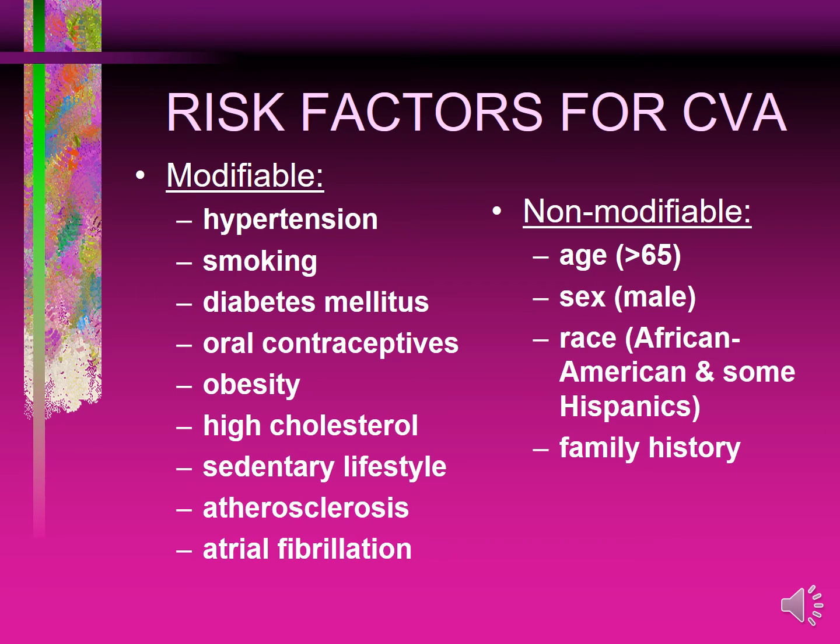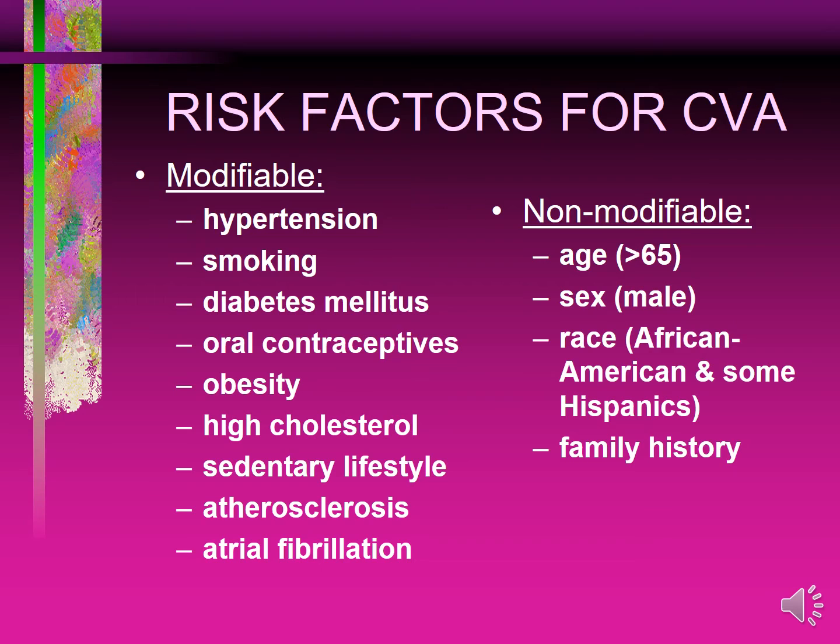You need to know which ones are modifiable, which ones are non-modifiable. The non-modifiable ones obviously are the ones that patients can't do anything about, but having them makes them more at risk for CVA and for PVD and for coronary artery disease.